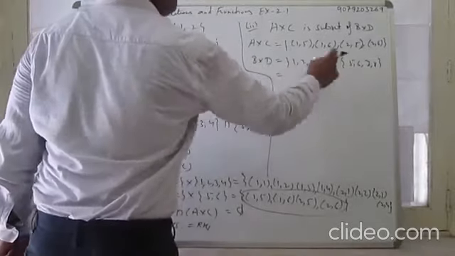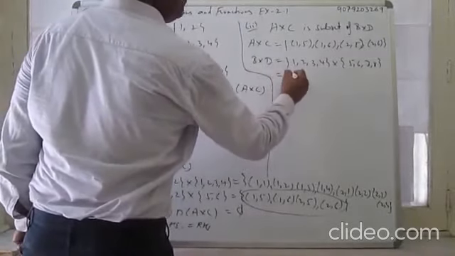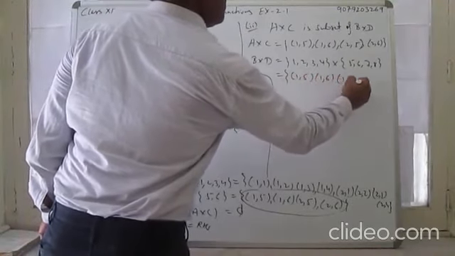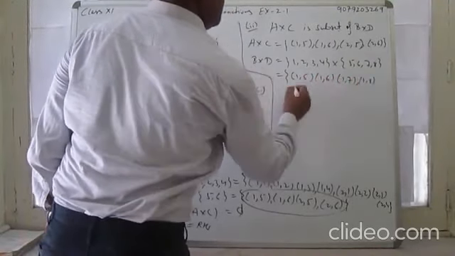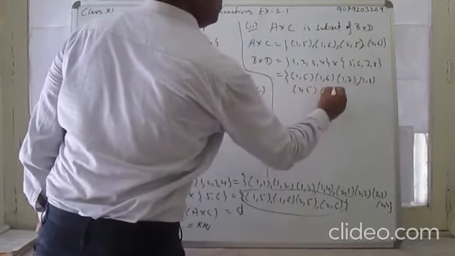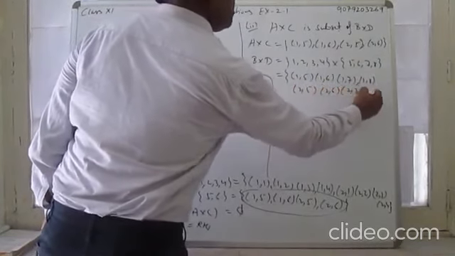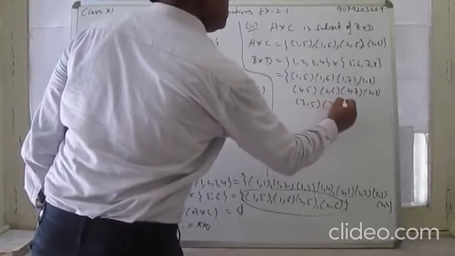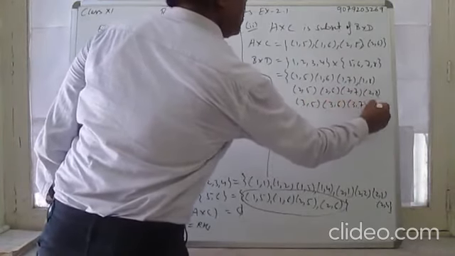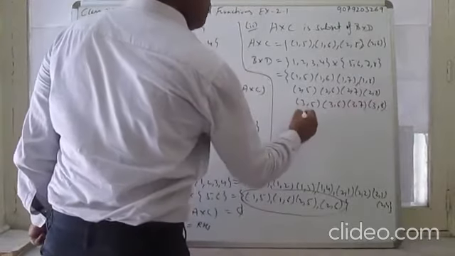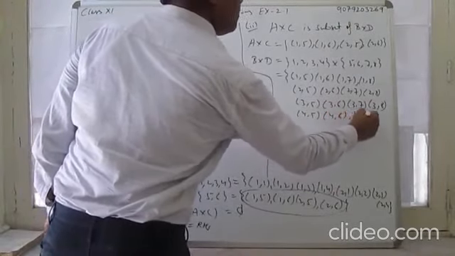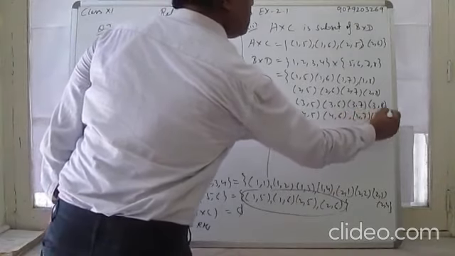Now 4 into 4, 16 ordered pairs you have to write: (1,5), (1,6), (1,7), (1,8), (2,5), (2,6), (2,7), (2,8), (3,5), (3,6), (3,7), (3,8), (4,5), (4,6), (4,7), (4,8).